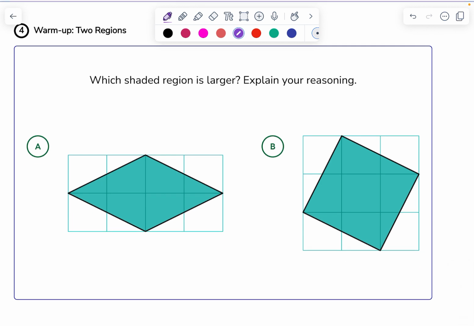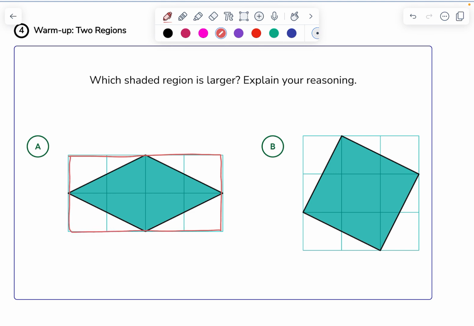Which shaded area is larger? Well, we can take a look, and as I showed with my different drawings in the past slide, maybe you look at it this way.